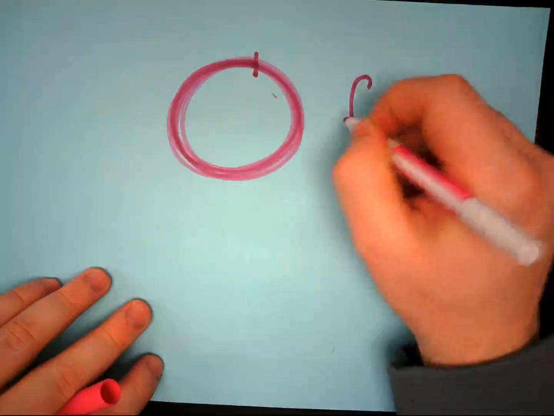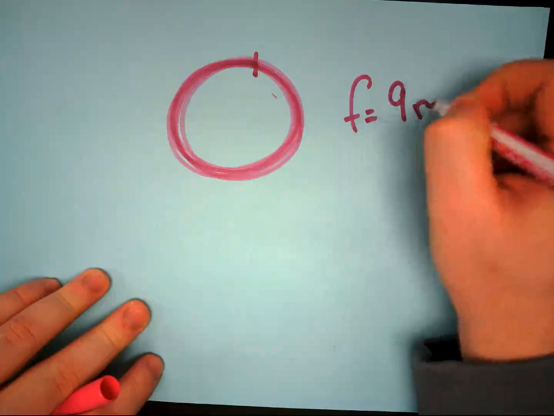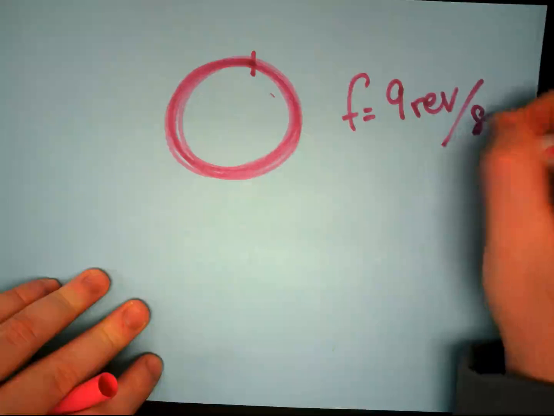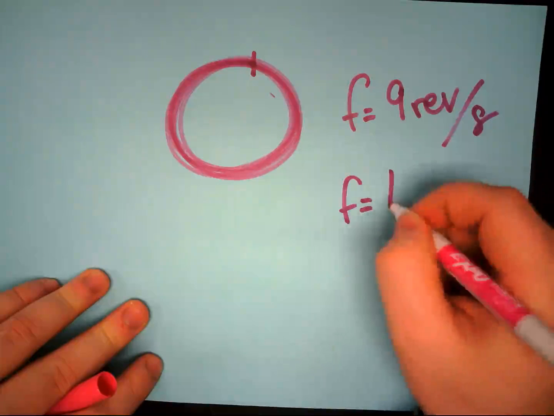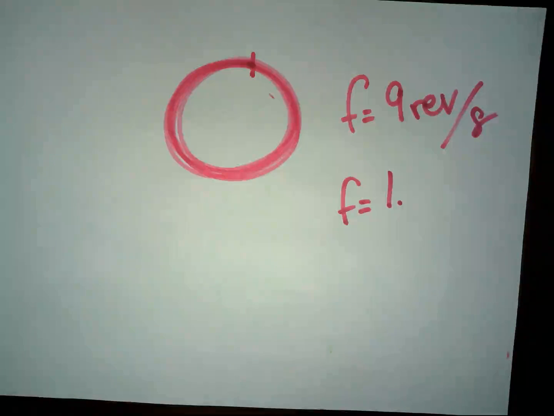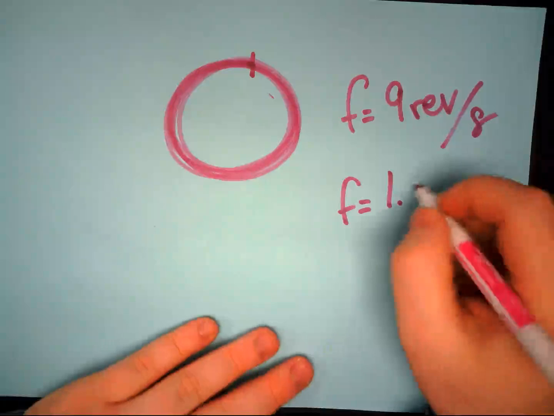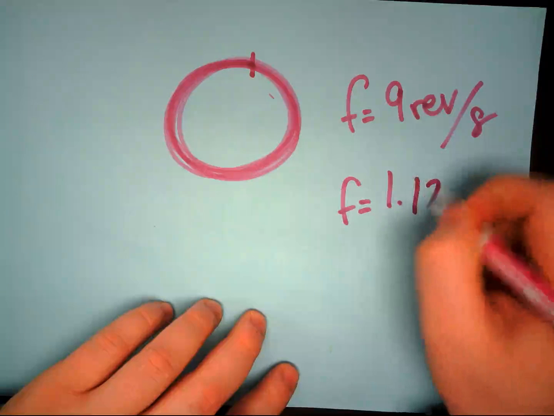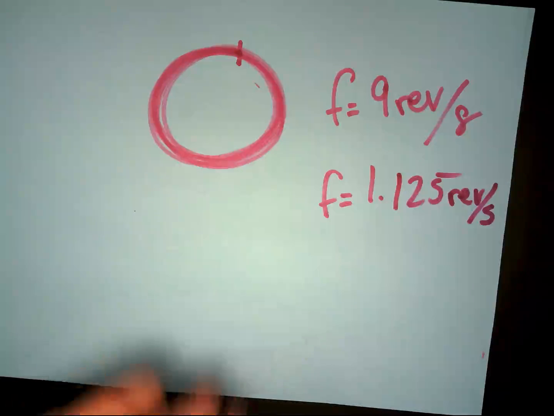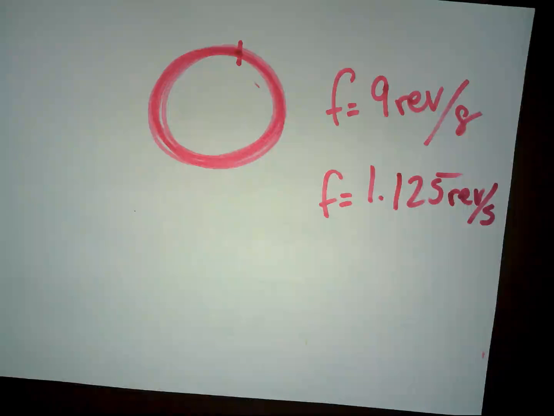Then frequency is equal to 9 revolutions per, let's say, 8 seconds. 9 divided by 8 is 1.125 revolutions per second.